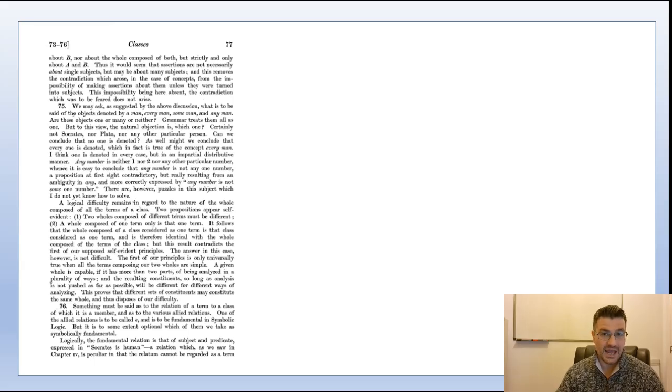So in the case of any, one term is denoted, but whichever term we happen to fixate on, it is not that term that is denoted. And in the case of some, so some A, there is one term that is denoted, but it could be any term.